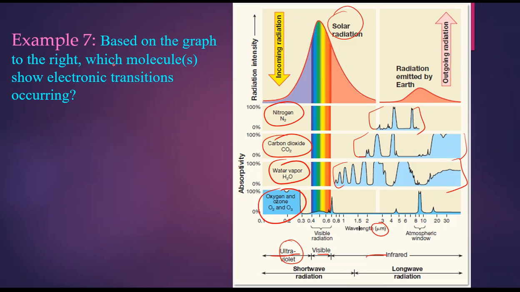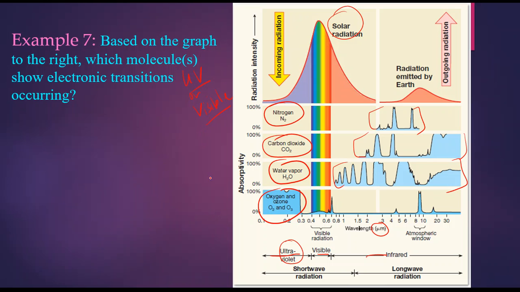So based on the graph to the right, which molecules show electronic transitions occurring? For electronic transitions, I said AP defines that as UV or visible light. So that's the sections you want to look for those that are having electronic transitions. Infrared, of course, that section would be for vibrational.